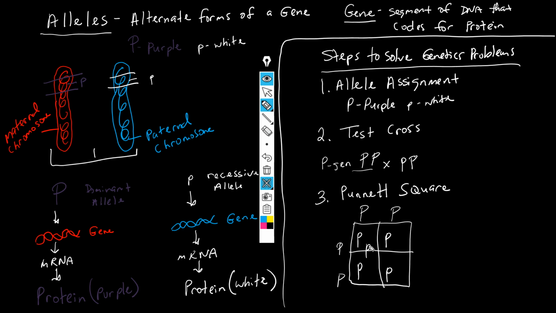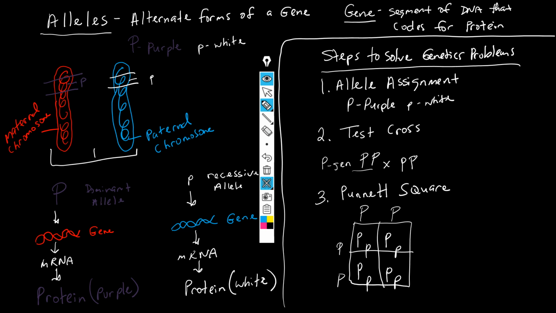And whatever's on the side, we bring over. Now, if you run into a situation like we did here, where there are boxes in your Punnett square that have both a dominant allele and a recessive allele, you always want to make sure that you put the dominant allele before the recessive. So you don't want to put a big P, little p, and then a little p, big P. It gets confusing.